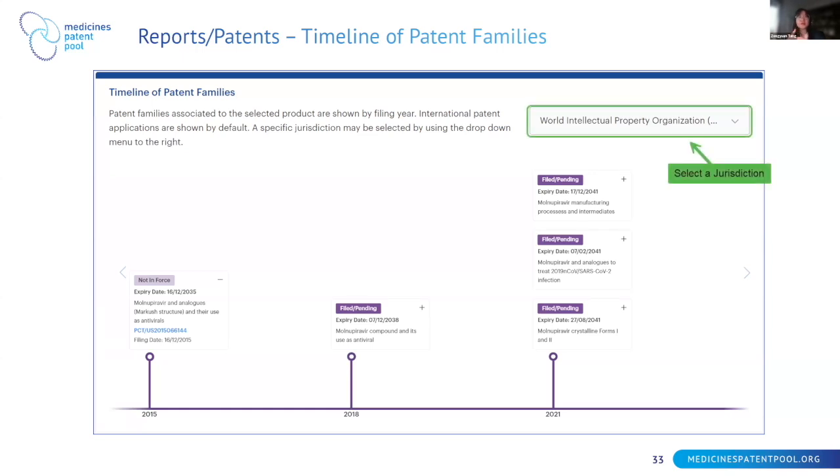But don't forget, on the upper right you can select the specific jurisdiction you're interested in, and the timeline will update regarding your search. There's also a small icon, the plus or the minus, to expand or collapse the mini patent card, which explains the status, the filing date, expiry date, and also the patent application number.